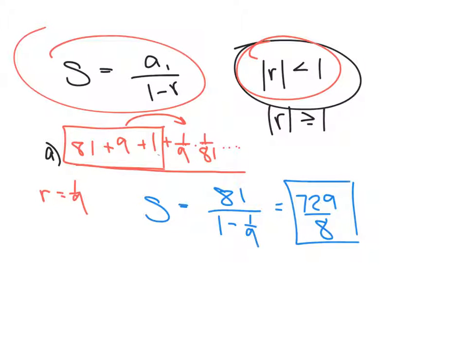So don't even try to get your head around this. Okay, we keep getting smaller and smaller and smaller numbers. And if we were to add all the numbers up, where each number as we go here gets divided by 9 all the way into infinity, we're going to get 729 over 8.